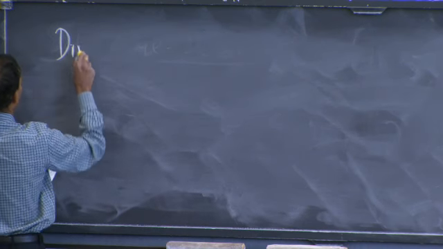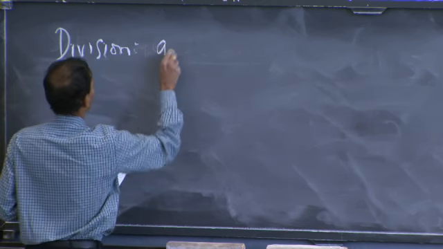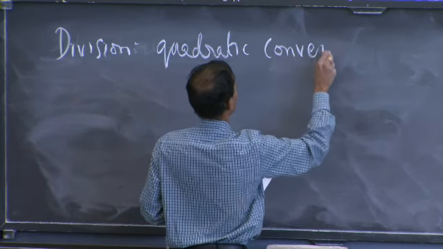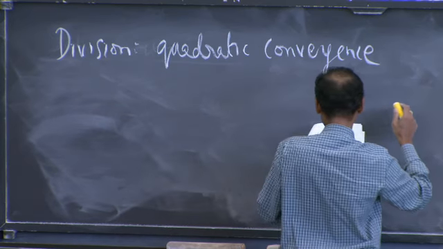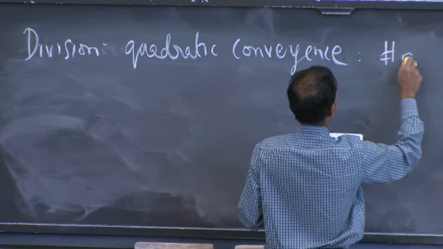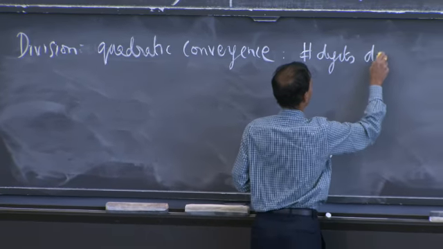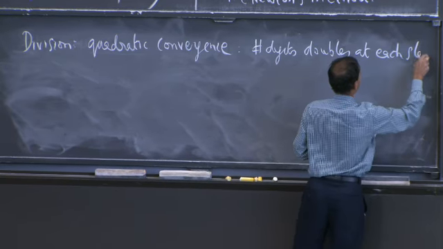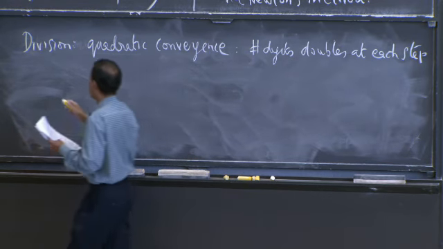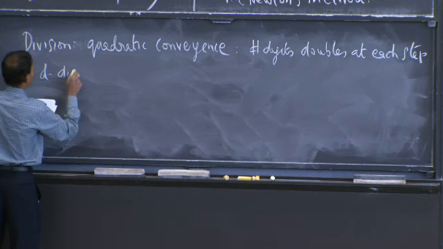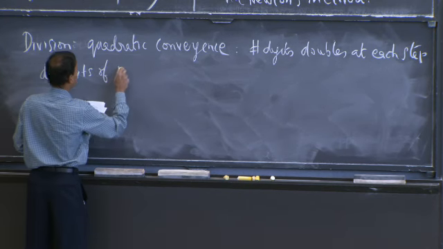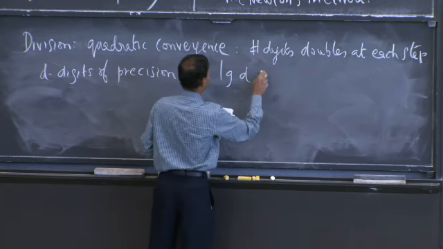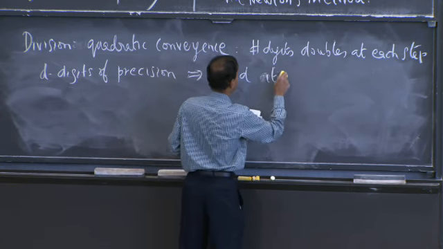So division has quadratic convergence, so the number of digits doubles at each step. Good news. So d digits of precision takes log d iterations.